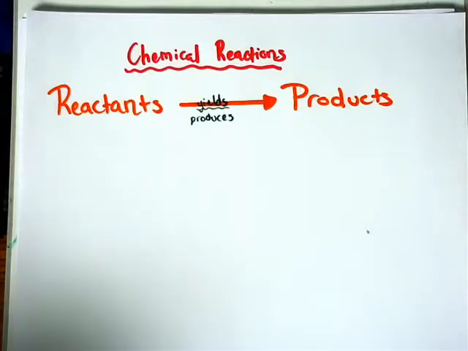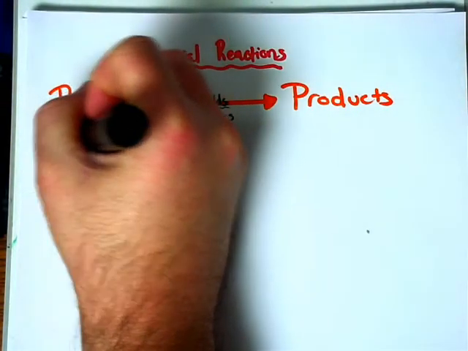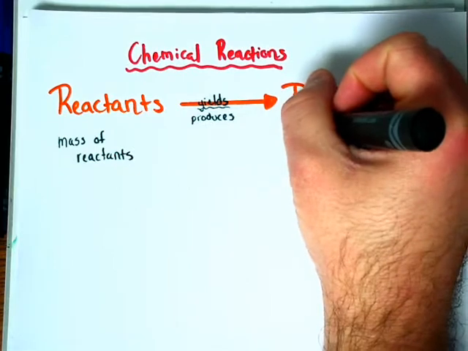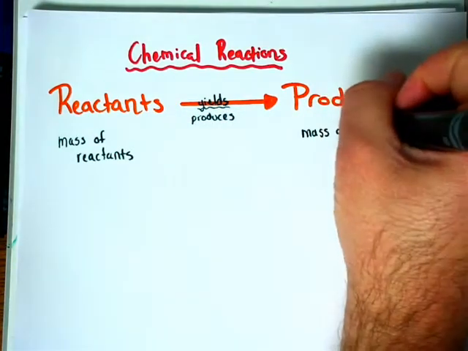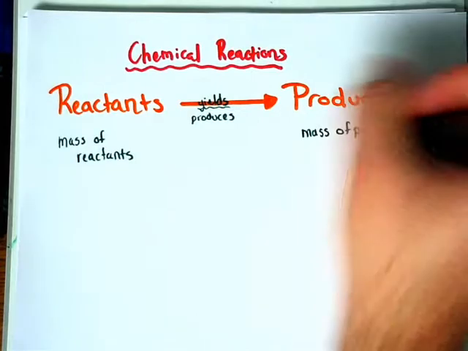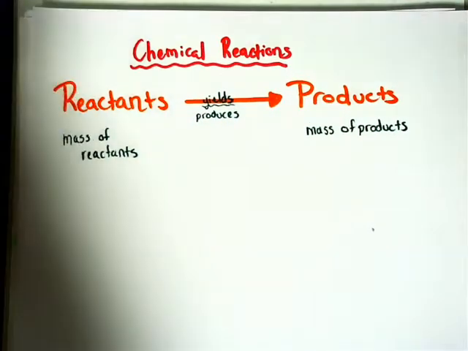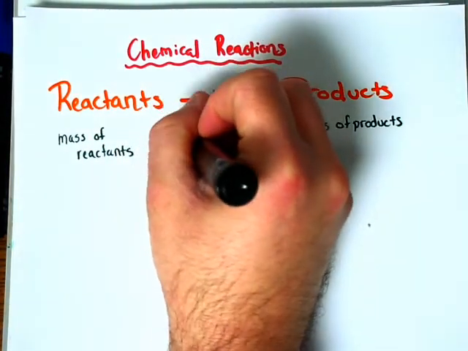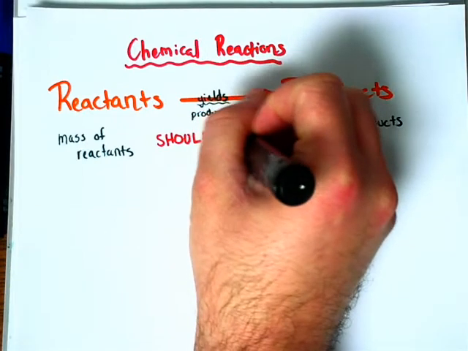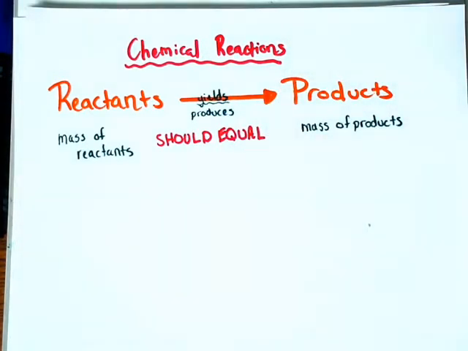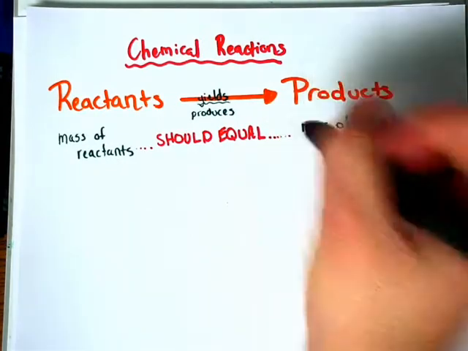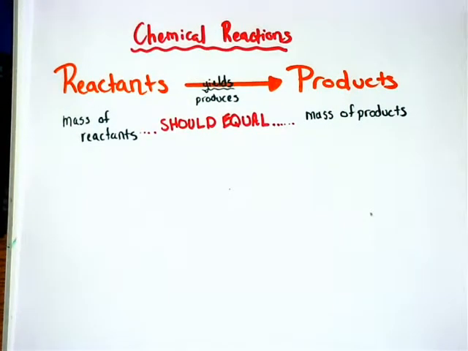So the mass of your reactants and your mass of your products should do what? Should be the same. In other words, they should equal the mass of the products. Cool. I think we like that. That makes sense.